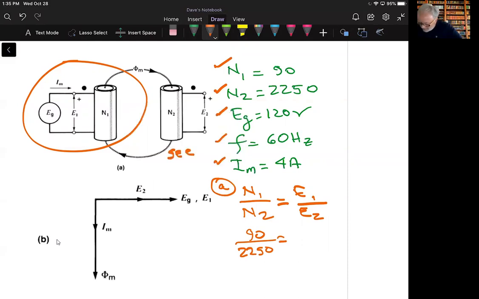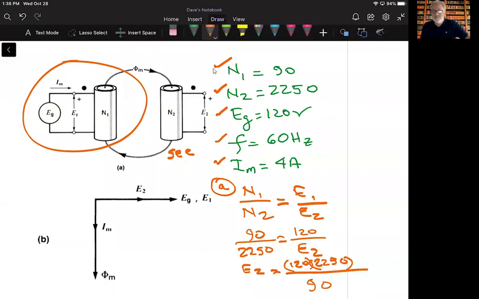I don't need E1 here, because if I have either one of these, I have the turns ratio. So I can calculate the turns ratio, and that is going to be 90 over 2,250.